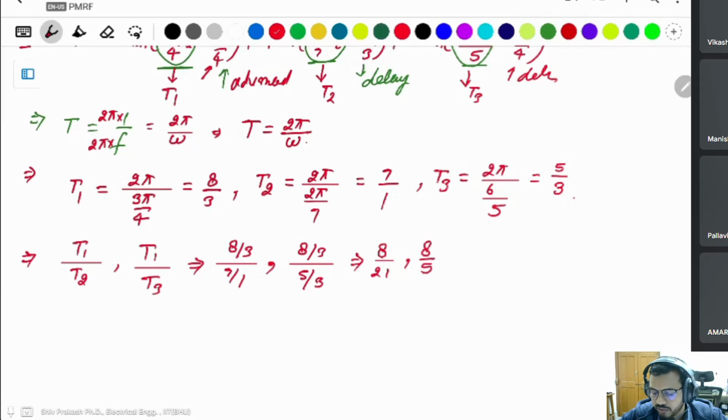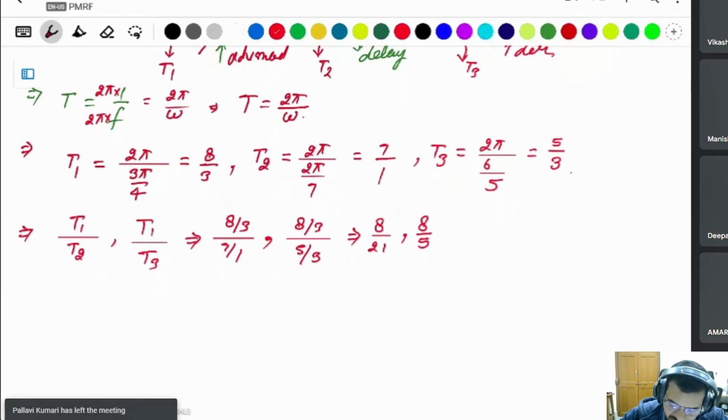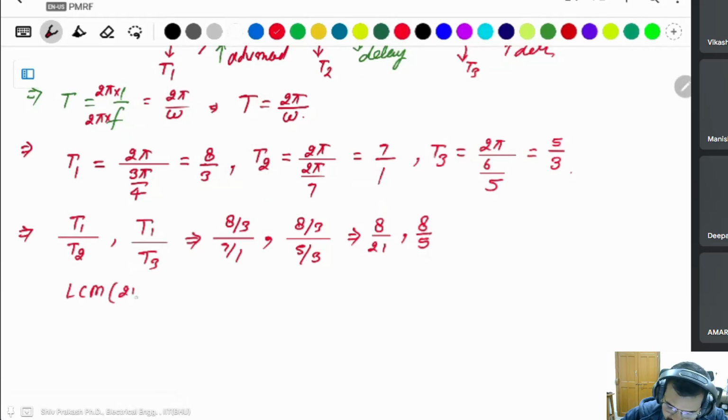You can see here 8 in the numerator is common, only the denominators are different. Then find the LCM of the denominators. LCM of the denominators is 105. Then what is the fundamental time period? It is T1 into LCM.